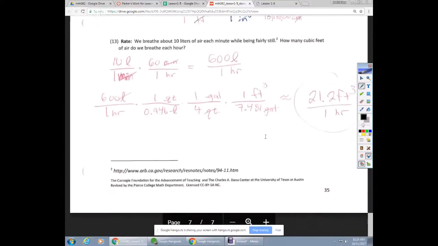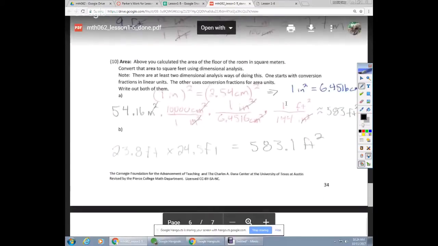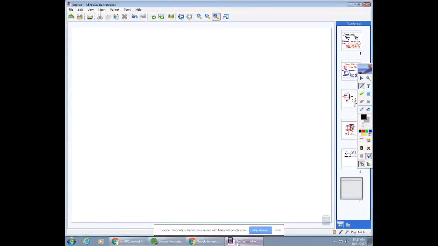All right, so number 10. Okay, so I'm going to go over how I came about this calculation right here. I'm starting with 54.16 meters squared for the area of the floor, and I was asked to convert this into square feet.